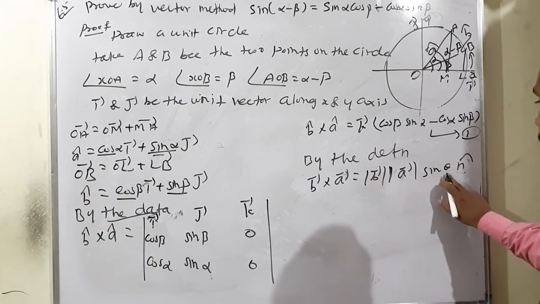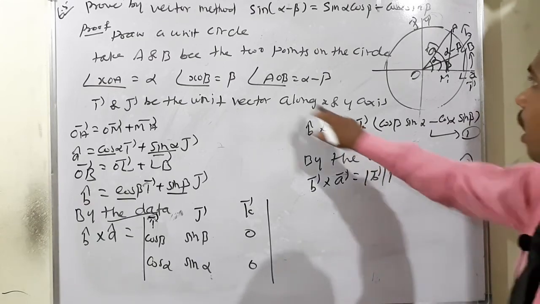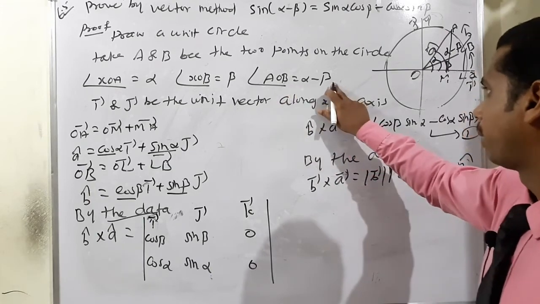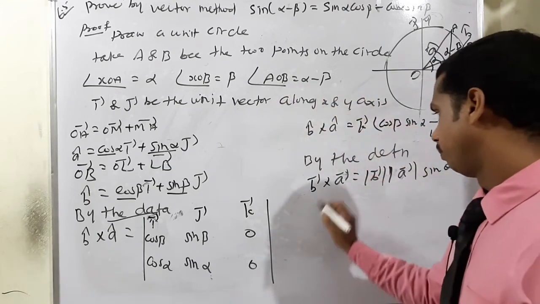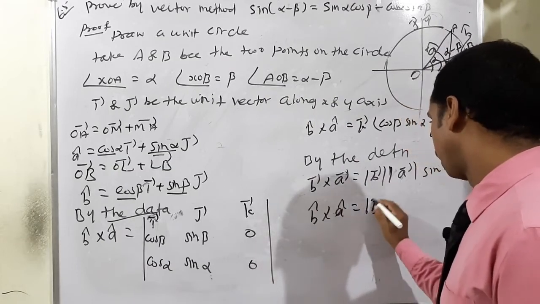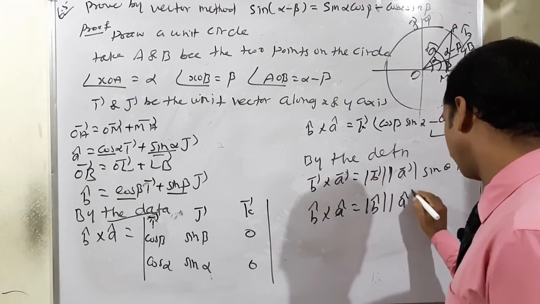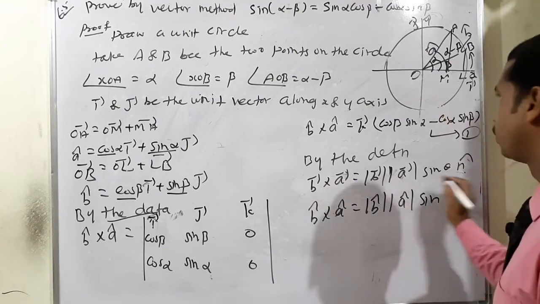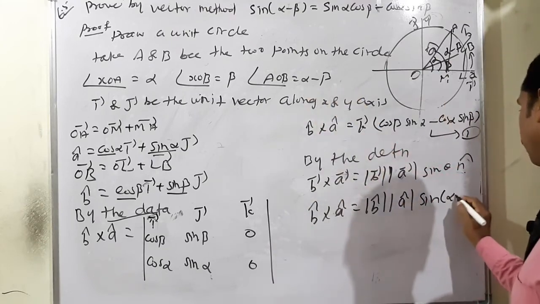Theta means the angle AOB, which is alpha minus beta, isn't it? Therefore B cap cross A cap is equal to modulus of B cap into modulus of A cap, then sin of theta, which is alpha minus beta.